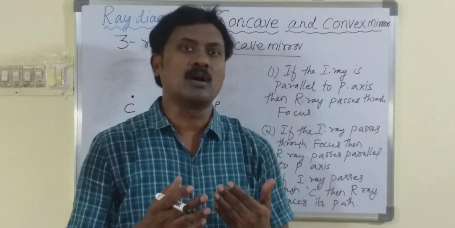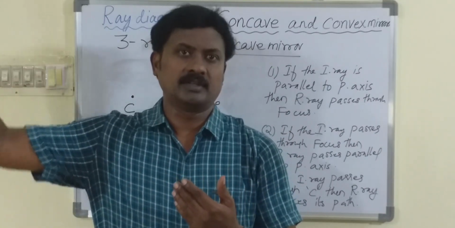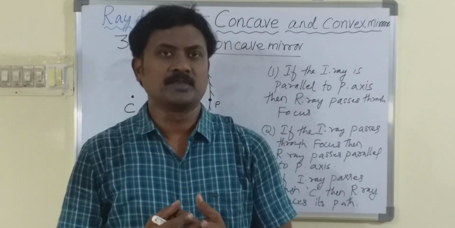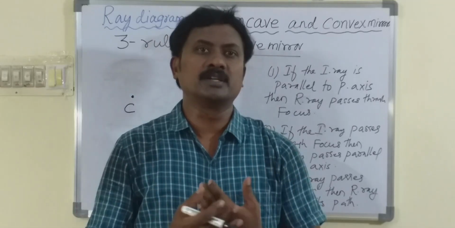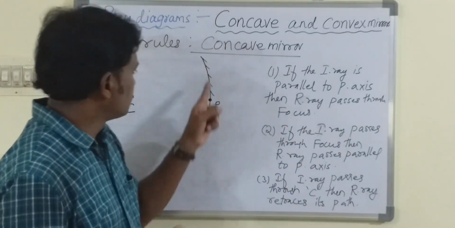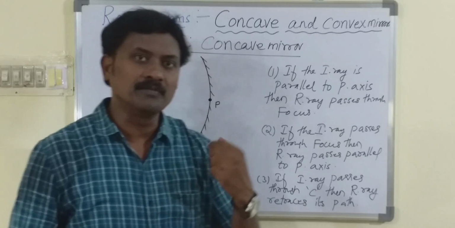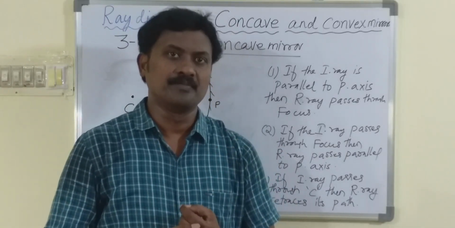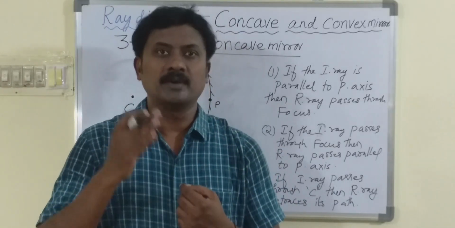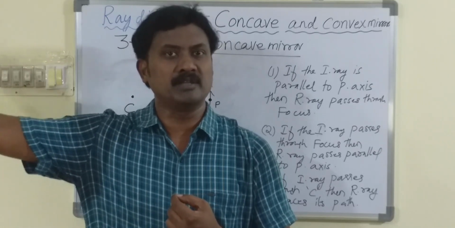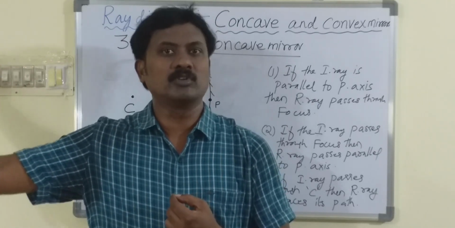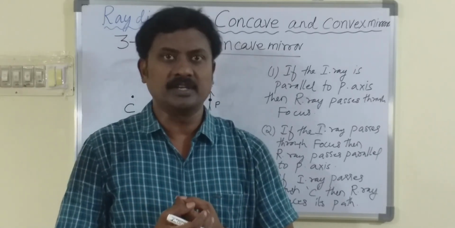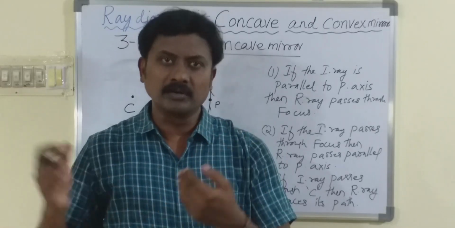I am placing the object at infinity, that is at a very long distance. For example, suppose the focal length of the mirror is 15 centimeters or 20 centimeters. If I place the object at 2 meters or 3 meters, that distance will be an infinity distance. Okay, so that is at a very long distance.